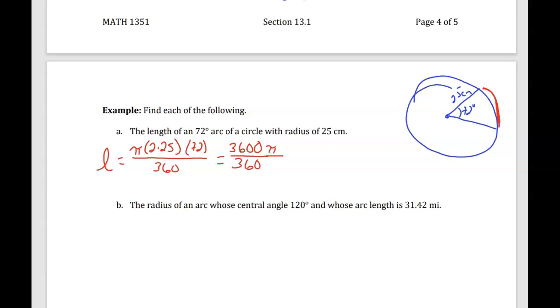I take 3,600 divided by 360, and I get 10 pi. Or if you want to do an approximation, that would be 31.4 centimeters is the length of this arc.